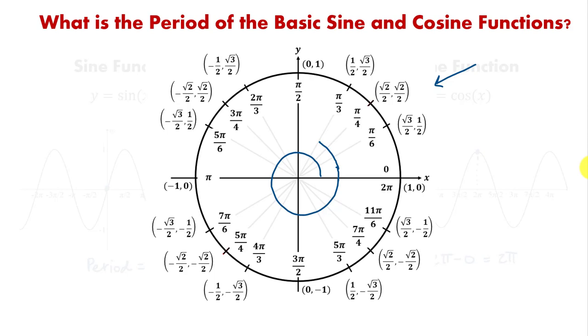So that means that when I make the second revolution and third and fourth, the function values for all those angles start repeating. In other words, when I make just one revolution from 0 to 2 pi, all those coordinates and therefore function values are different. But after that, sine and cosine values start to repeat. So this is another way to see and understand that the period of the basic sine and cosine functions is 2 pi.